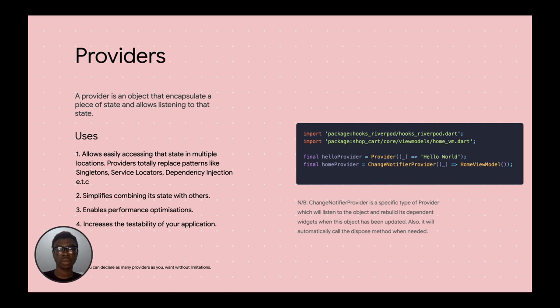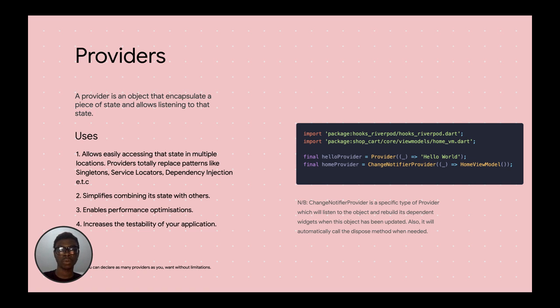You could check out some of them in the documentation of Riverpod. But one thing to note is that each of these different providers has different uses and use cases, so you might need to check each of them out to know which particular provider you need. You check their uses, check how they are being used.